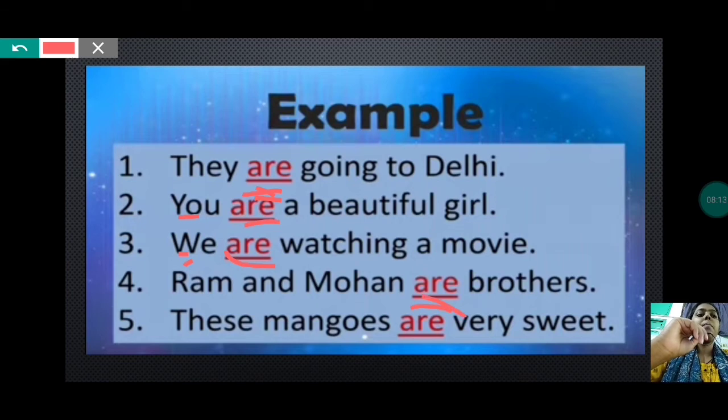Now Ram and Mohan, there are two brothers, that means it is plural noun. So with plural noun we always use are. Number 5, these mangoes are very sweet. Now here we are talking about more than one mango and telling that they are very sweet. So when we talk about more than one person, animal or thing, are is always used with them.